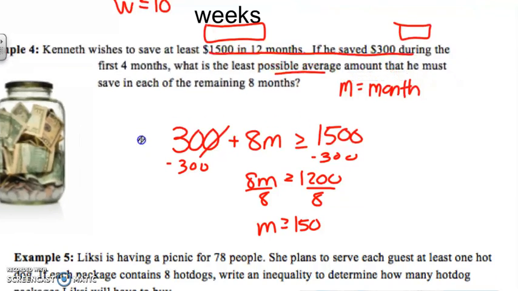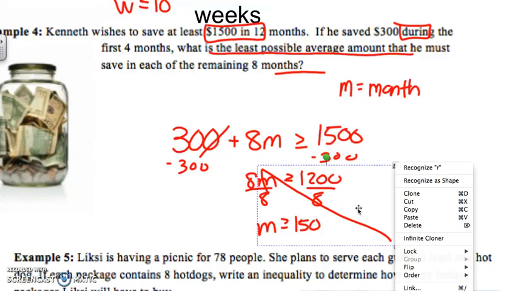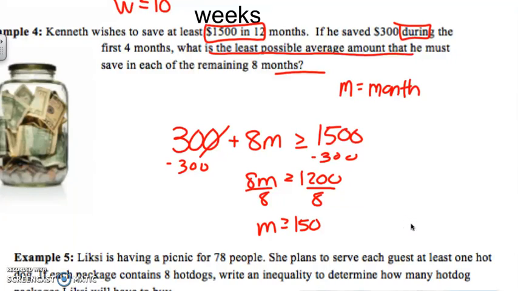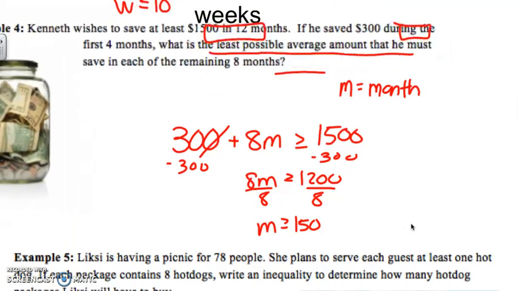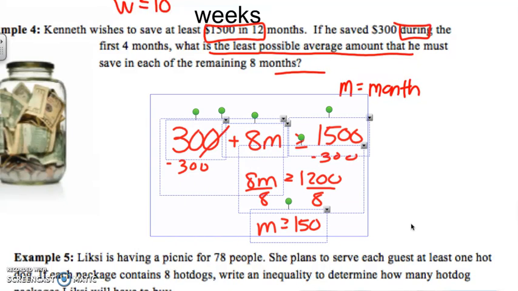So what that means is on average, he needs to save at least 150 a month to meet that goal. So let me write a nice little sentence. This is awful. I apologize. Delete. Oh, I give up. Let's go. There we go.